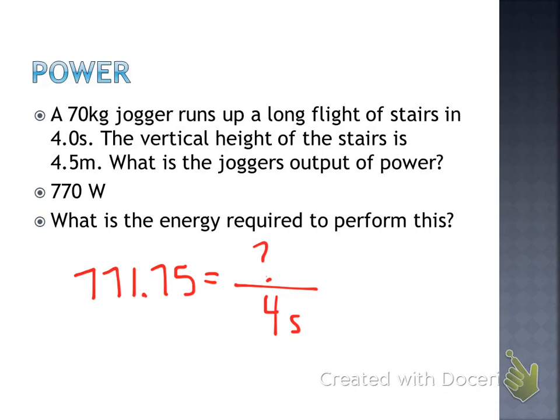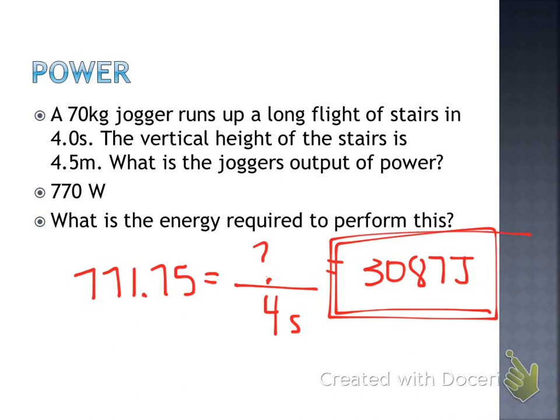So we're really just solving for that mgh. We overcame gravity, we gained potential energy, so we're really just looking at the potential energy part of that question. And our unit for energy would be joules, not watts. Okay, so it's just taking a little bit of a step backward there.